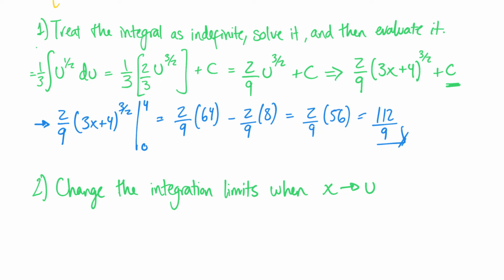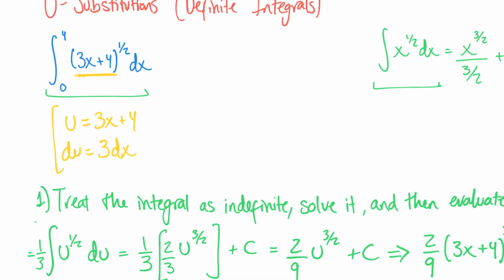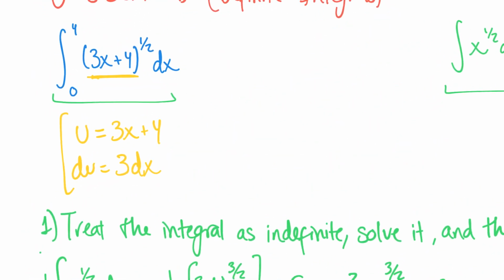So what does that mean? Well, we already said that u was 3x plus 4, and therefore du was 3 dx. We already knew that. Now, we know that before, our integral was going from x equals 0 to x equals 4.